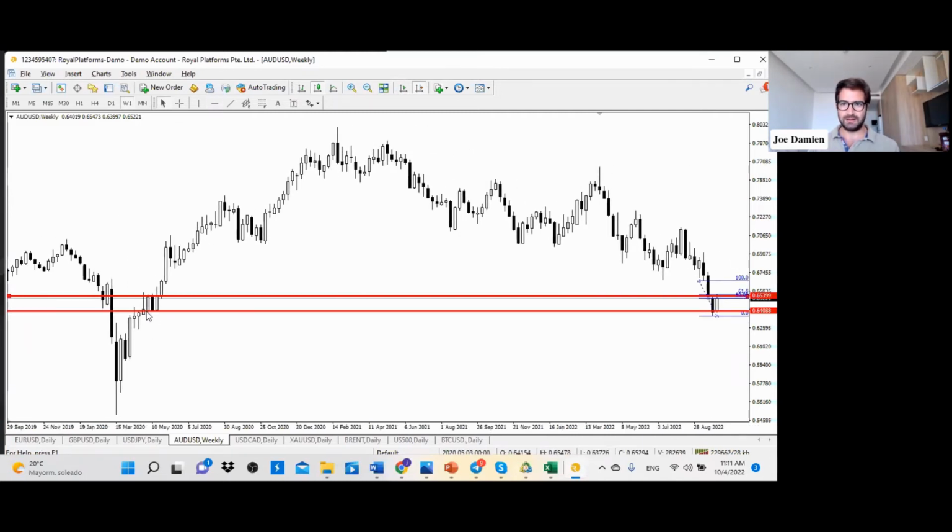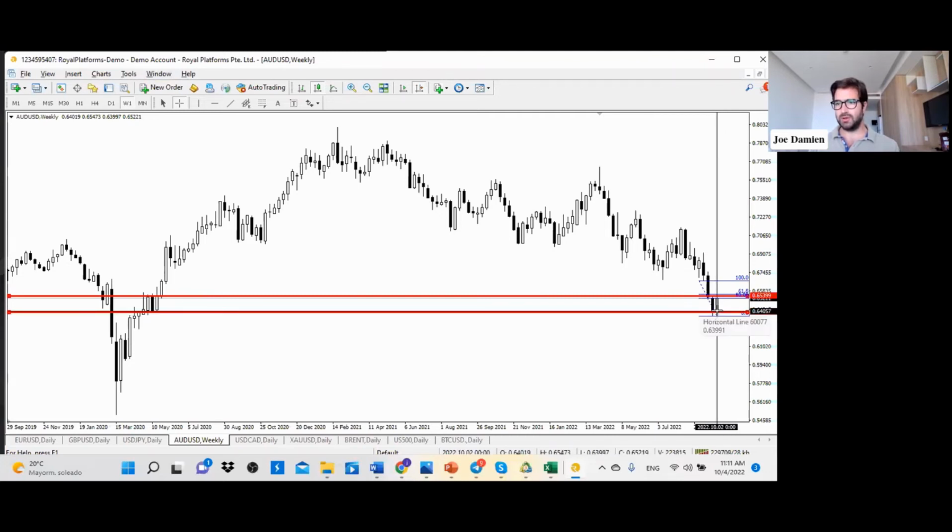Until this area here. We can see now we have a previous low that matches these lows here to the left. This is why I plotted the support using these lows, which matches with this low.